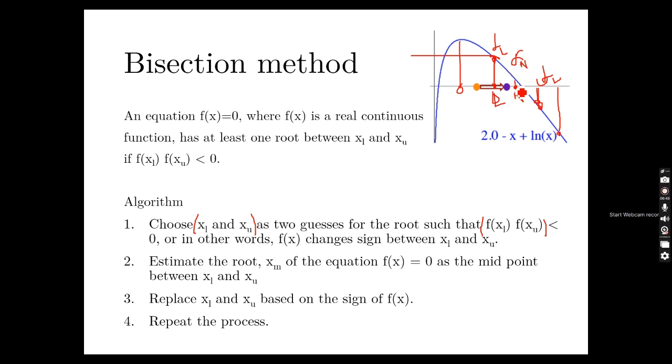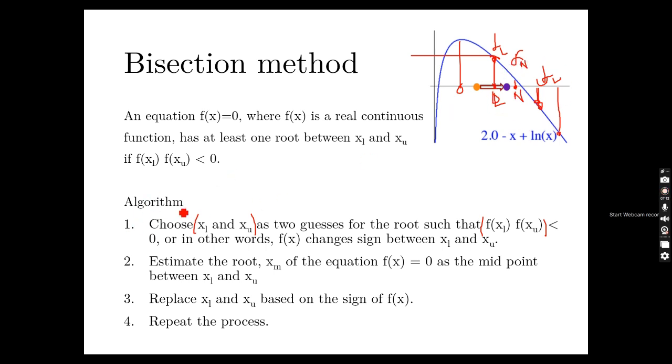That means there is no root between this xl and this xn value. On the other hand, if I take a multiplication of fn and fu, then these two are on the opposite ends of the root. That means there is a root between these two values. So I will replace my lower x value with this new xn value, and I will repeat the iterative process.